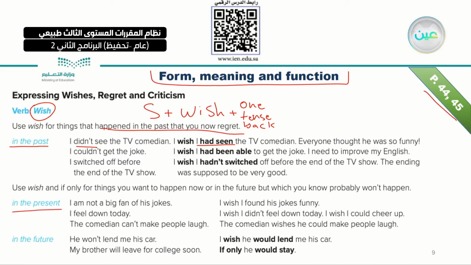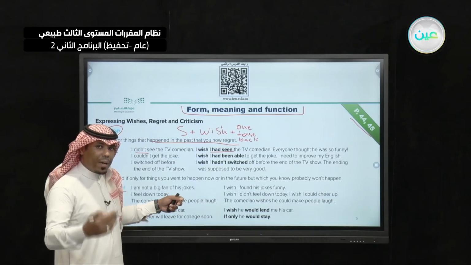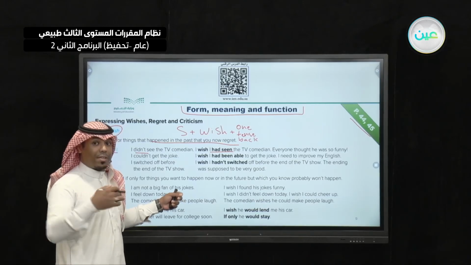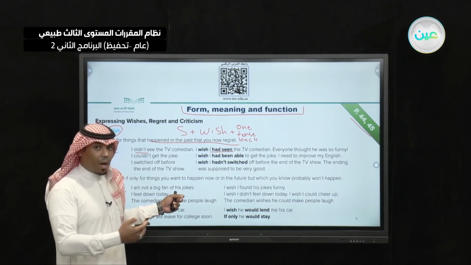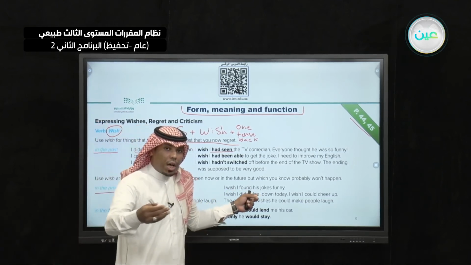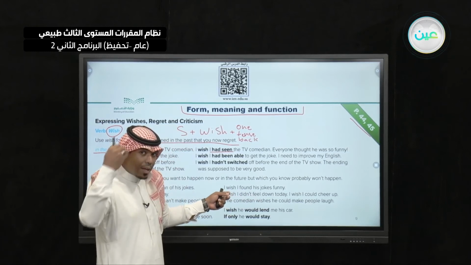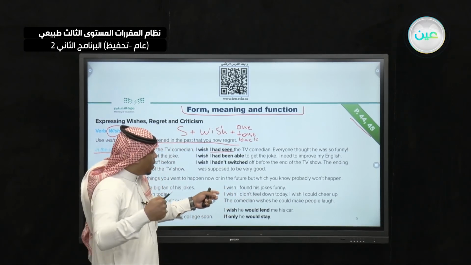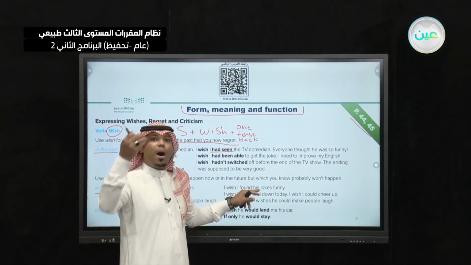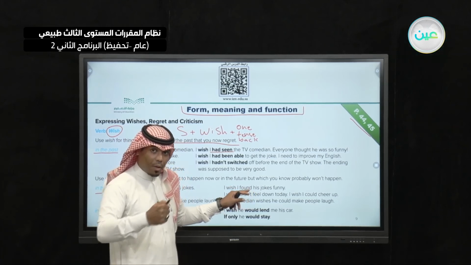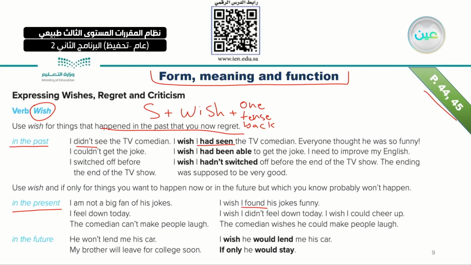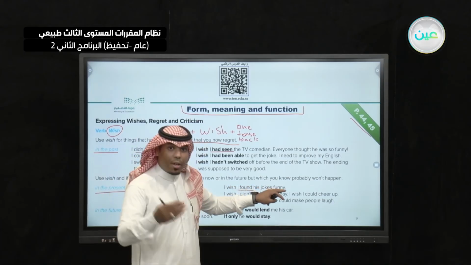I am not a big fan of his jokes. This is the present tense. So when I use wish, I have to use, as I said, the past, one tense back. I wish I found his jokes funny. Found here is what? Past tense.